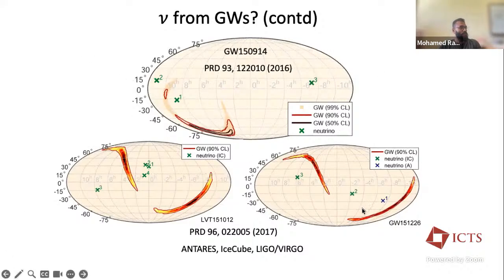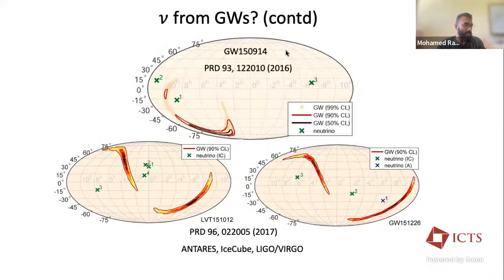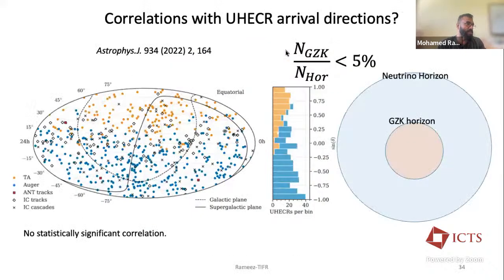In each of these plots, which correspond to a separate gravitational wave event that the LIGO-Virgo collaboration informed the world about, you can see these green points which correspond to the neutrinos which happened within the same time. As you see, there is no overlap at all. So far we have not been able to see any correlation between TeV, PeV neutrinos and gravitational waves.